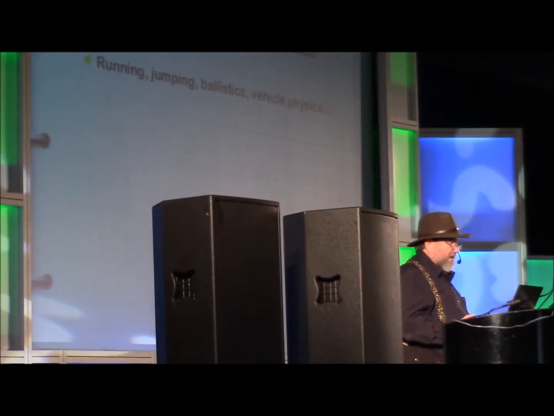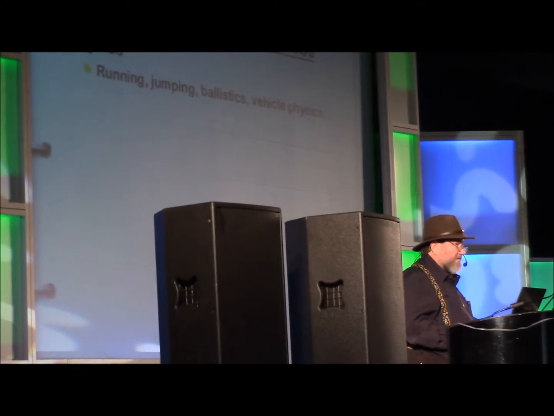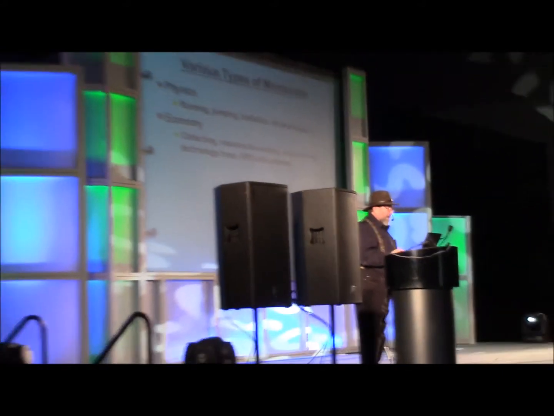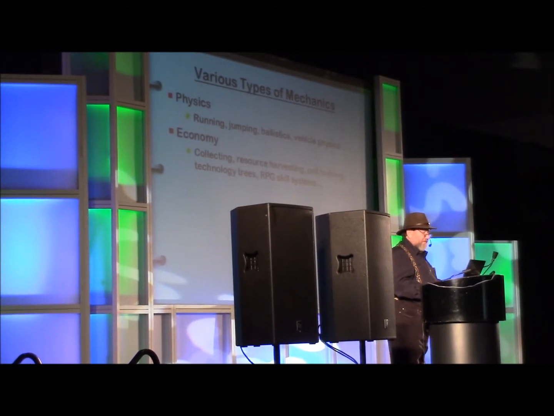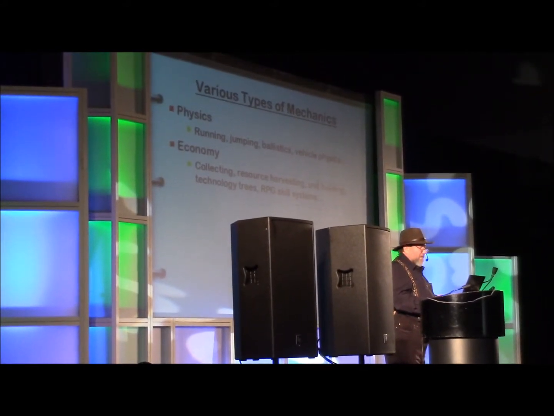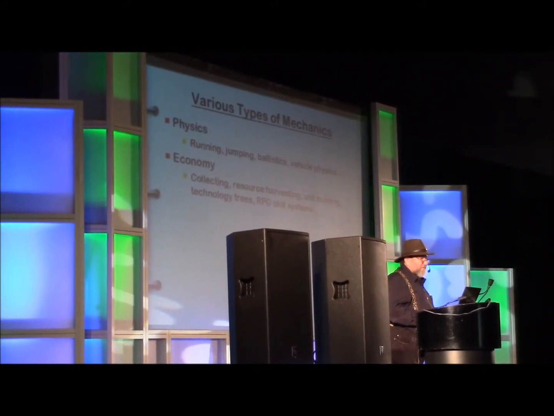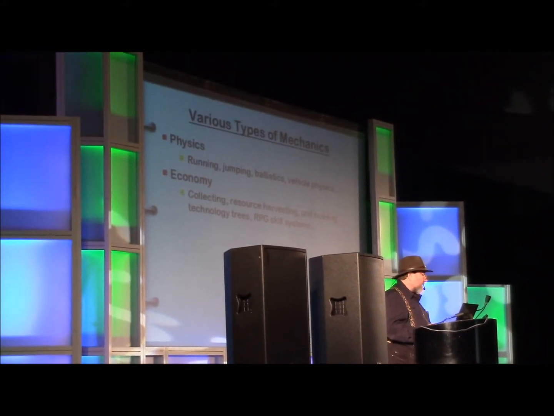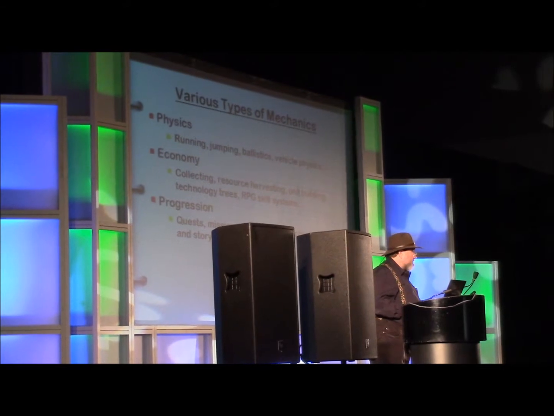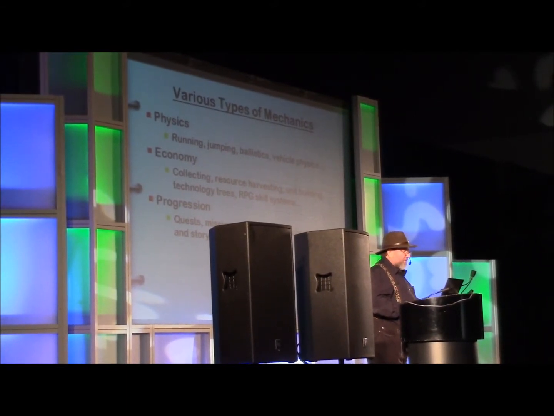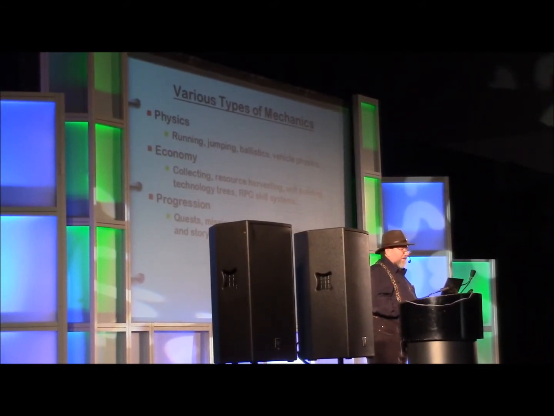Physics: running and jumping and ballistics and vehicle physics and all that sort of thing. Economy: internal economies, collecting things, resource harvesting and so on. RPG skill systems, all those things where values flow around and can be exchanged for other values. Progression: moving on, advancement in some form or another, locking key mechanisms, level and story pacing.